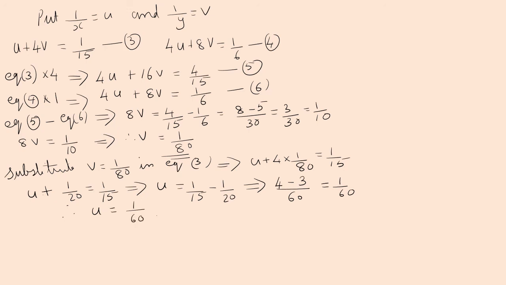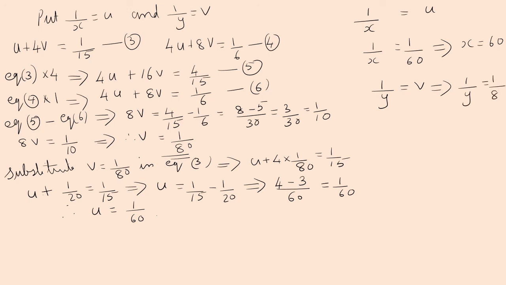Now you have to find x and y. We have taken 1 upon x equal to u, that is 1 upon x equal to 1 upon 60. From this you are getting x equal to 60 by doing the cross multiplication. 1 upon y is equal to v, that is 1 upon y equal to 1 upon 80.